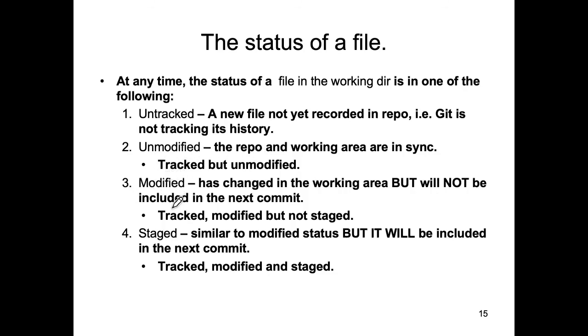Modified status is a file that is being tracked. You've modified it, but you haven't staged it yet. And then finally, staged means it's tracked, i.e. the Git repository has a record of it from a previous commit. It knows that you have modified it because you have staged it, and it's staged, but not fully committed.